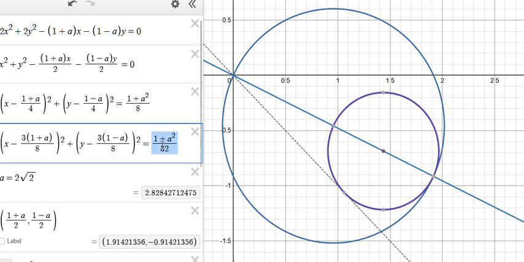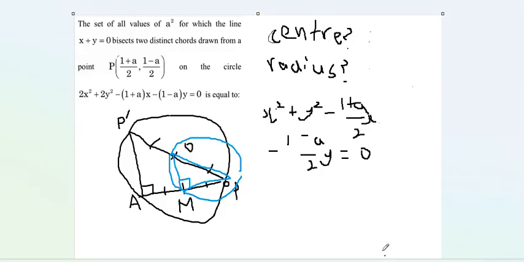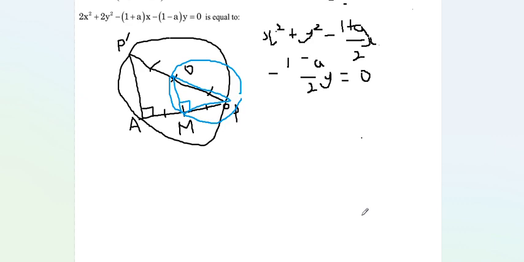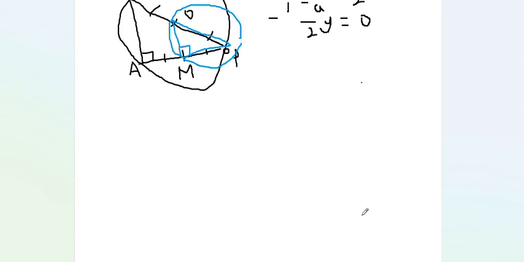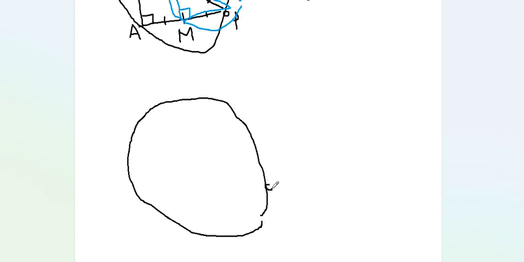Okay, so now back to our problem. We're going to need a distance formula, because look what happens if we have this circle where P is somewhere here, and then we have this line, which is x plus y equals 0.